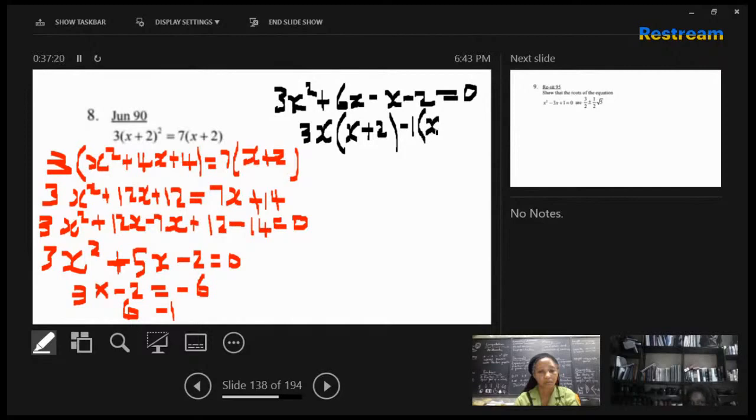Negative 1 into negative 2 is positive 2 equals 0. So our two brackets are now 3x minus 1 in one bracket and x plus 2 in the other, equals 0.